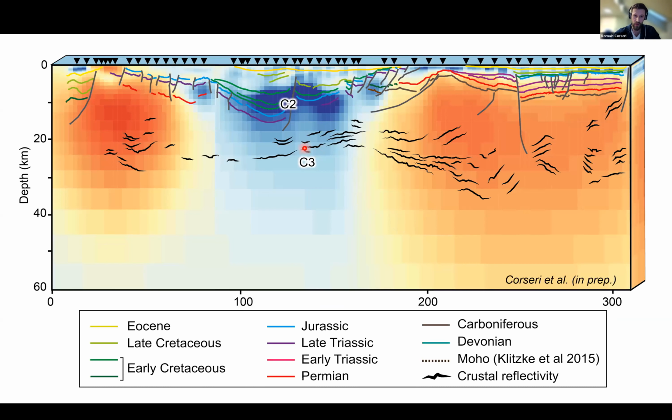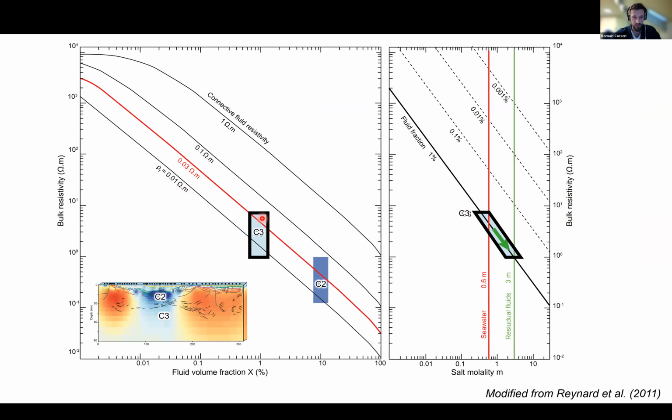We will start by using this model for the interpretation of the upper mantle anomaly C3. That, you can see, is imaged as a conductive tail trailing beneath C2. C3 has resistivity values ranging from 1 to 10 ohm meters. How can we explain this high conductivity in upper mantle conditions where you have a very low volume fraction?